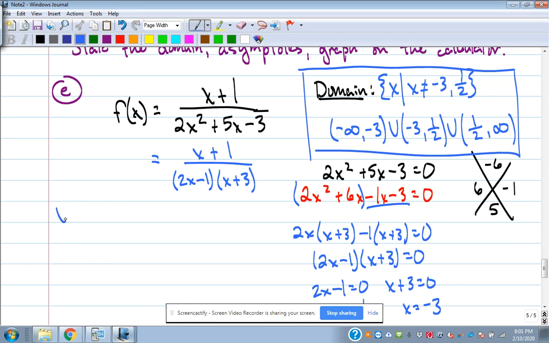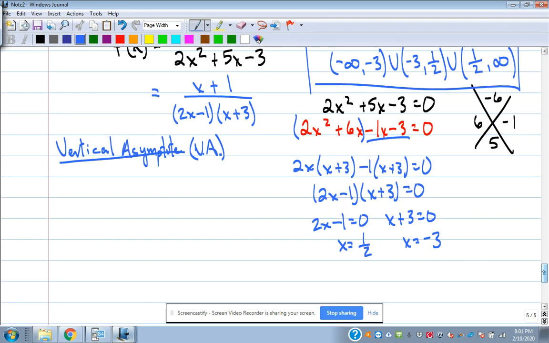So the next thing we want to do is our vertical asymptotes. From here on out, I'm going to abbreviate that as VA, so I don't have to write that out every time. And you're welcome to do the same. So vertical asymptotes, since nothing's simplified out of the denominator, I'm just going to take those two factors that are there and set them equal to 0 and get the equations.